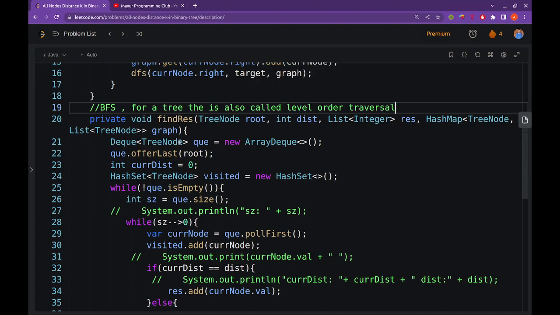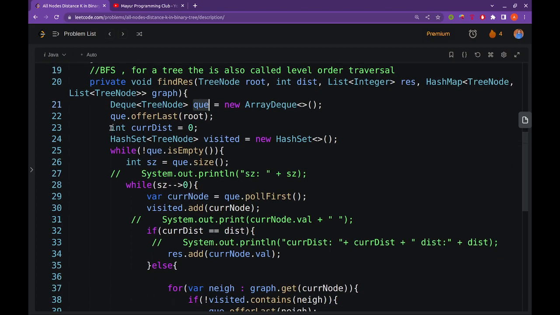So we will be initializing a queue and doing a simple BFS, and we will be considering our current level as 0, and the node would be at the 0th distance from itself. The new root would be at the 0th distance from itself.